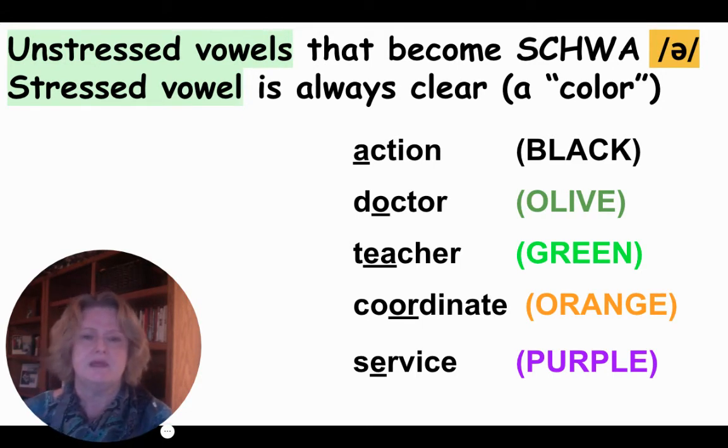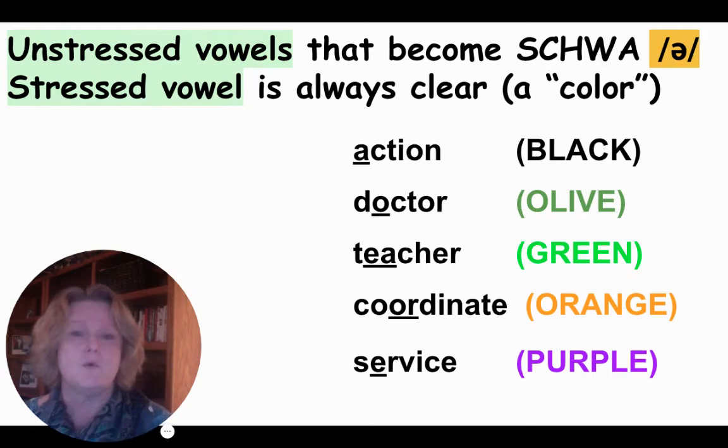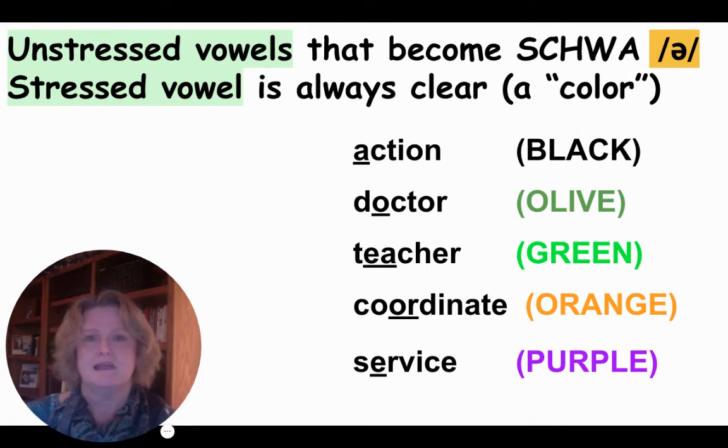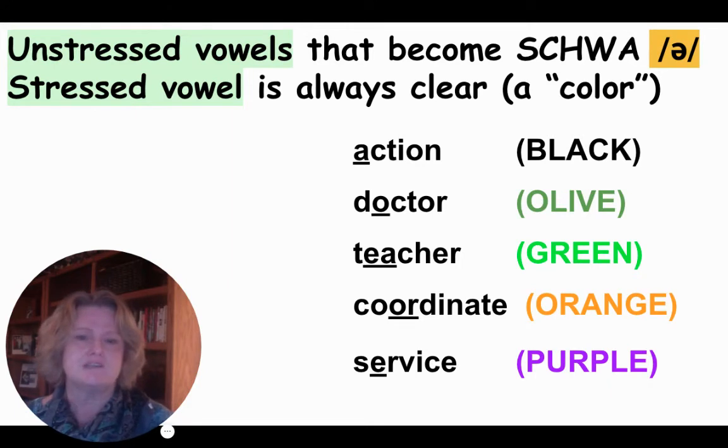Now, if you have the word coordinate as a noun, only ord has a stress and a color, and it's orange. Well, actually, co has a little bit of a secondary stress, and it's rose.